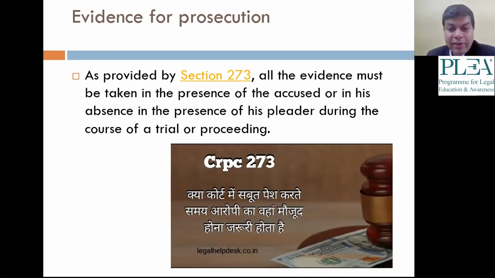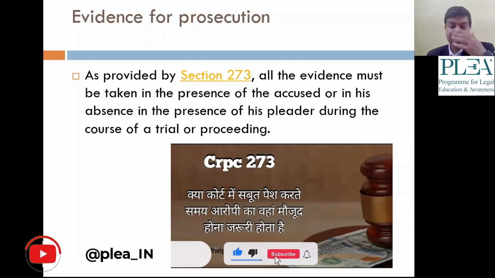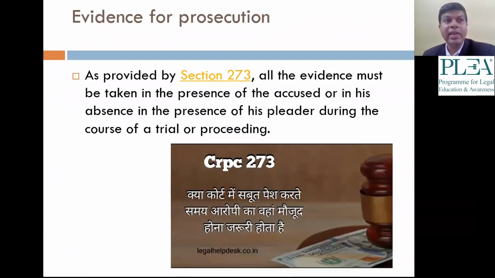As per section 273, all the evidence must be taken in the presence of the accused, or in his absence in the presence of his pleader, during the course of a trial or proceedings. Whenever evidence is produced before the judge, it must be in the presence of the accused. Whenever a case is committed by the accused, there is a party, that is the State of Maharashtra or the State of Delhi or whatever.